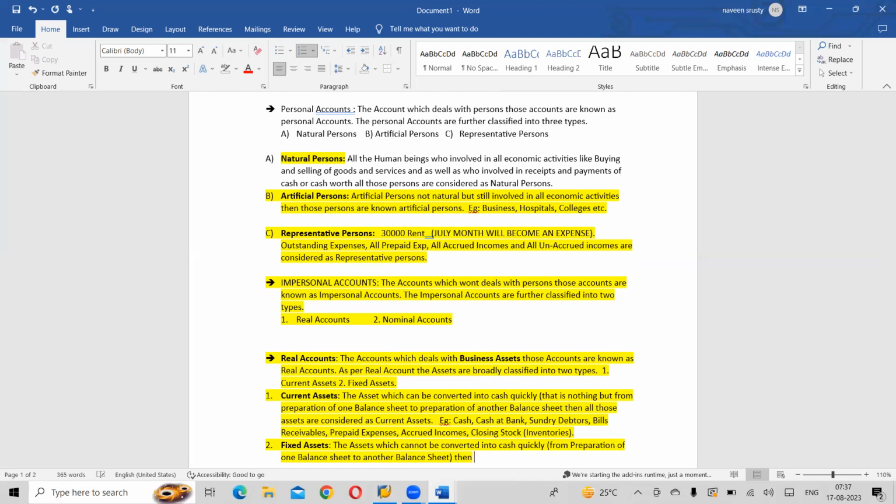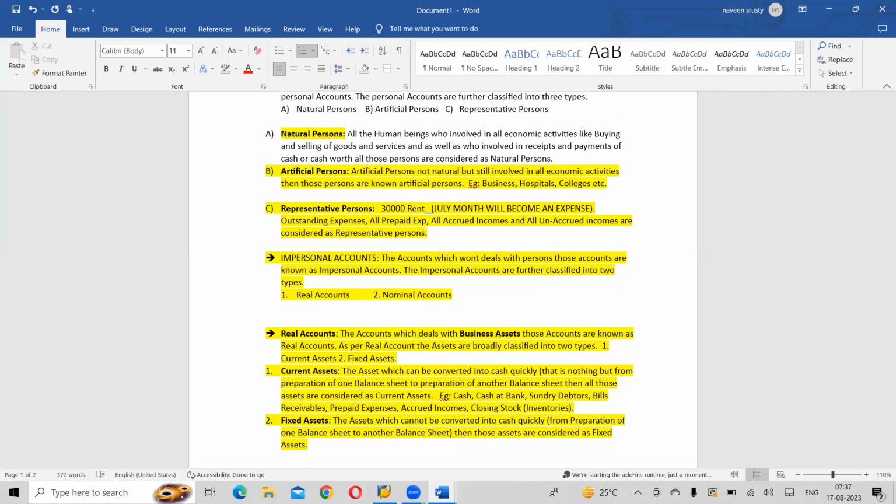Then those assets are considered as fixed assets. Is this clear? For example, land or a building.